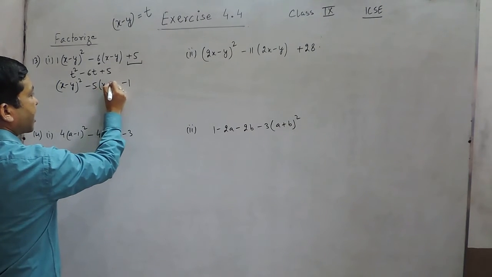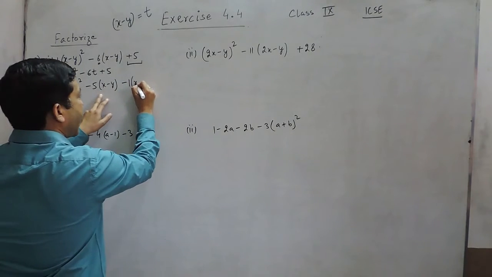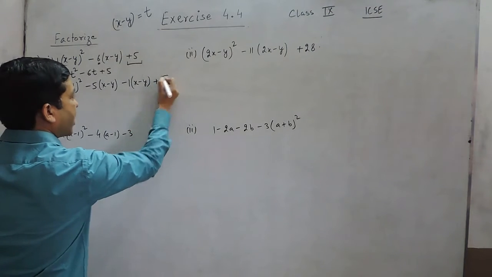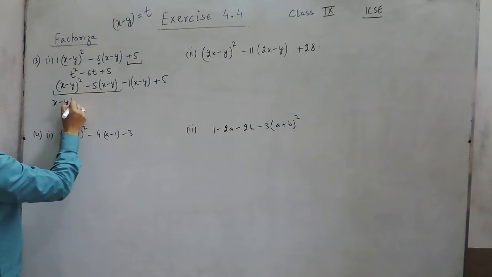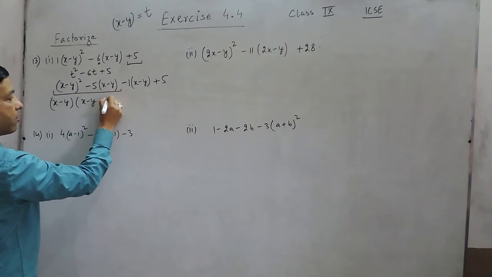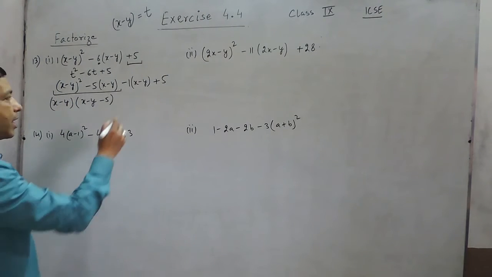So it is x − y as one coefficient, or I can take t as well, and again x − y as one coefficient, which I can take as t + 5. Here in these two terms, if I take x − y as common, it becomes x − y − 5, because here it is (x − y)², that is (x − y) multiplied by (x − y).